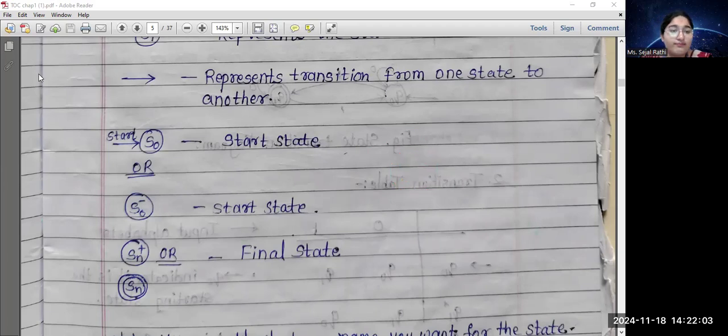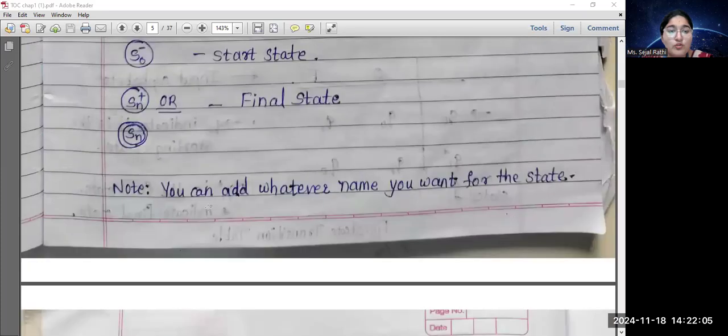Next, please note that you can give whatever name you want for the state. It can be S0, or Q0, or F1, or F0.